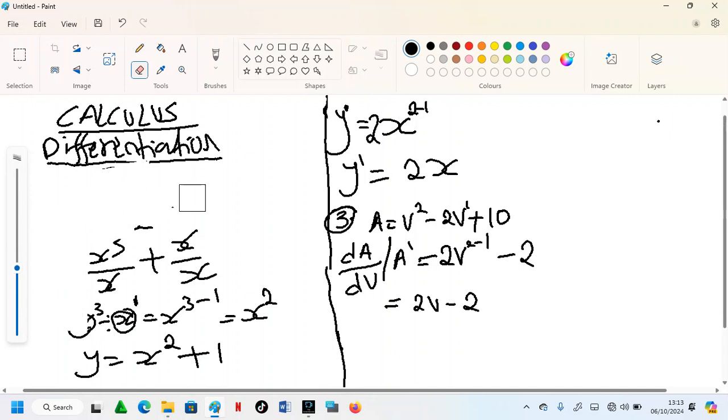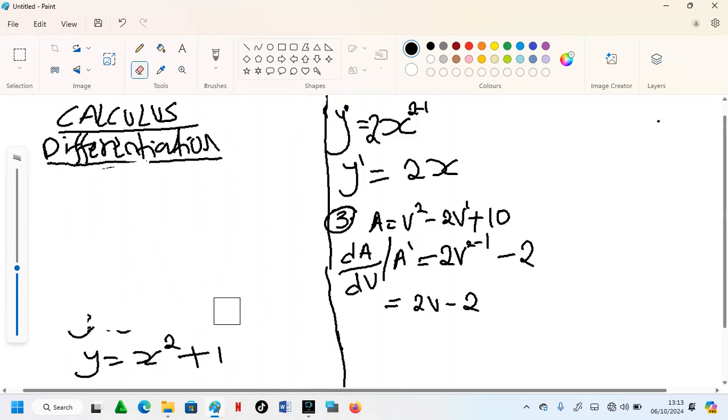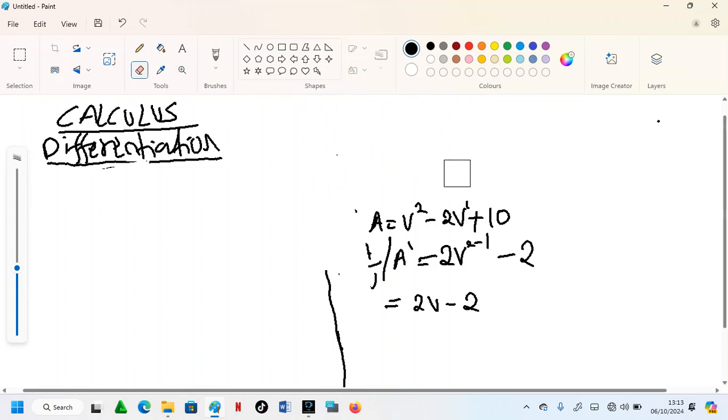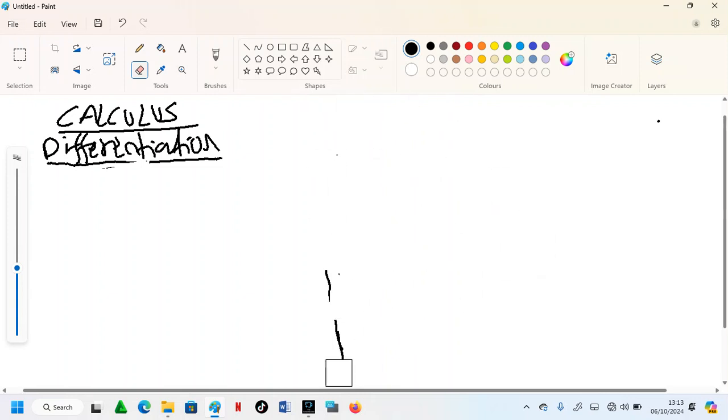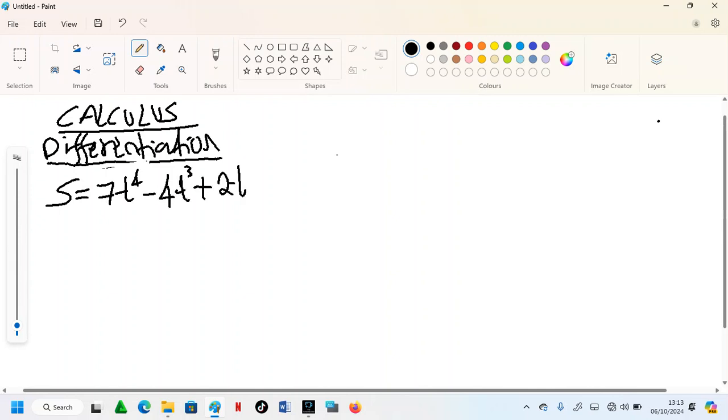All right, I hope you got that one. I'm going to go to the last example on how to differentiate. So let us get the derivative of s. s is equal to 7t to the power of 4 minus 4t to the power of 3 plus 2t to the power of 2 plus t plus 1.